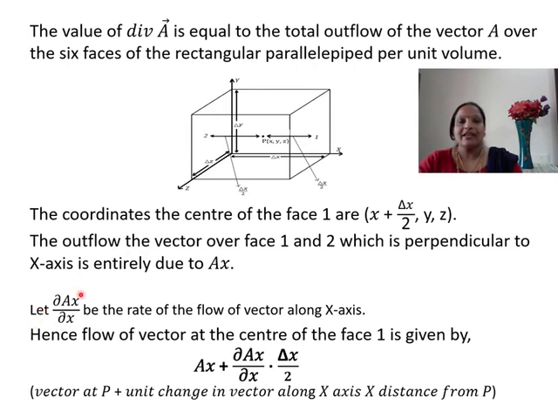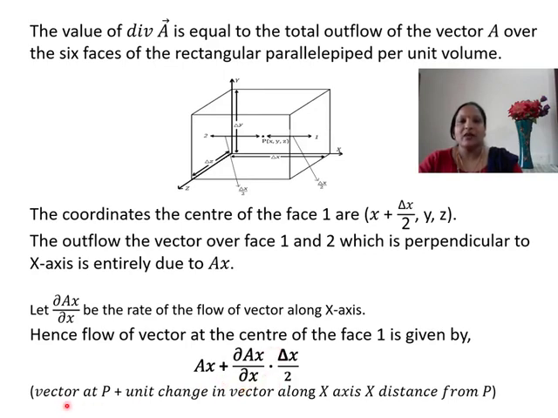Let dou Ax by dou x be the rate of flow of vector along x-axis. Hence, the flow of vector at the center of the face 1 is given by Ax plus dou Ax by dou x into delta x by 2.